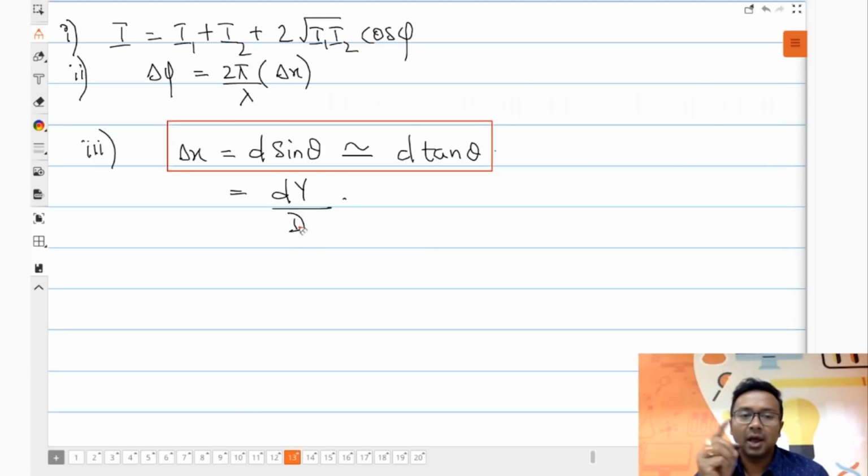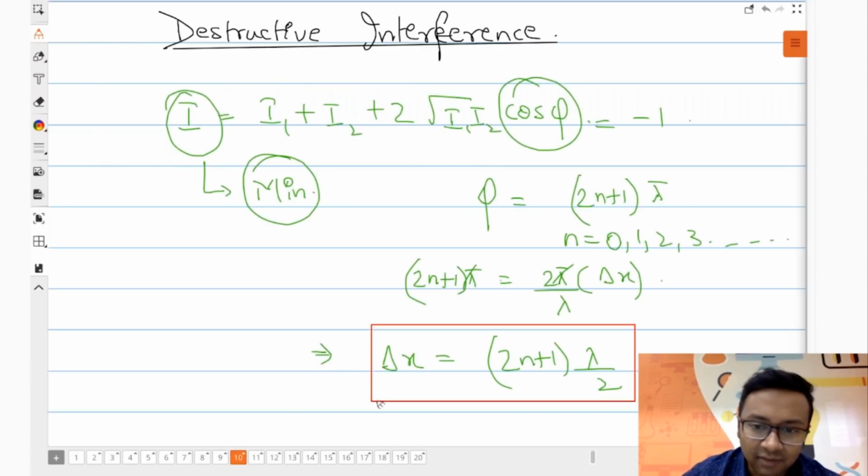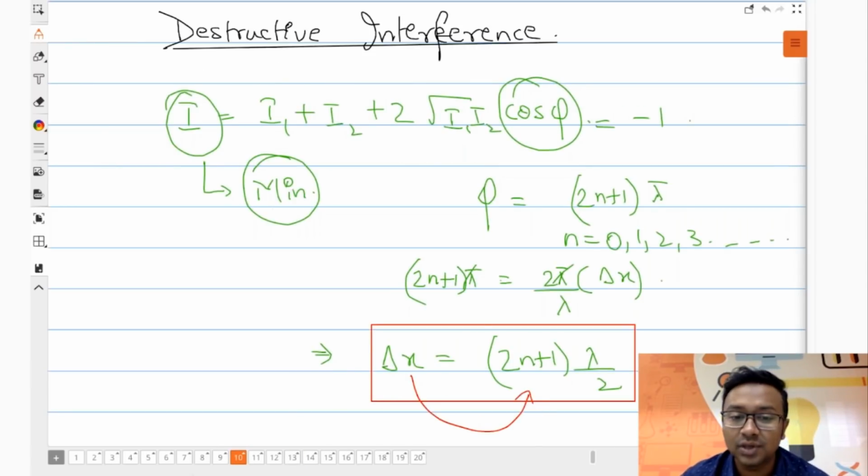Okay, guys. Now, here, after this, what we can do is, say they are asking for the position of minima. So for minima, sometime back, if you remember, delta x should be equal to 2n plus 1 lambda by 2.